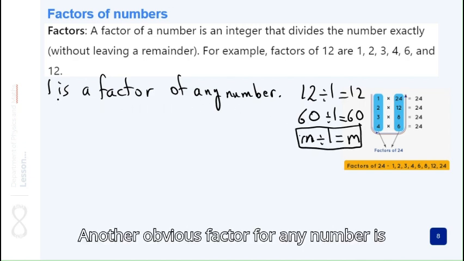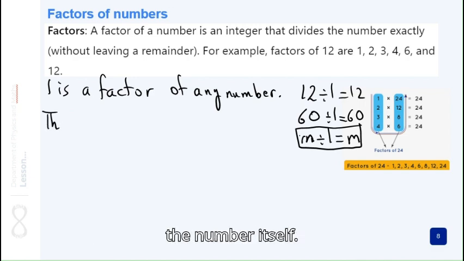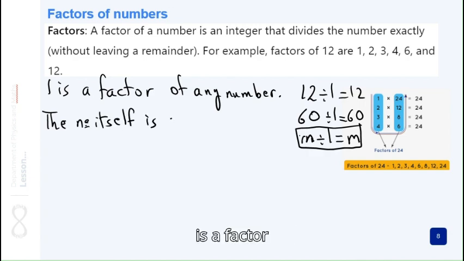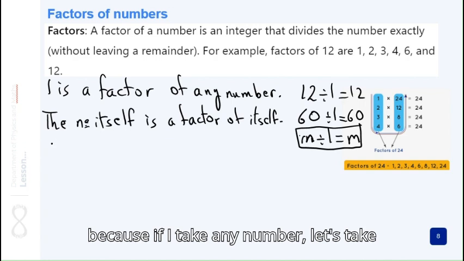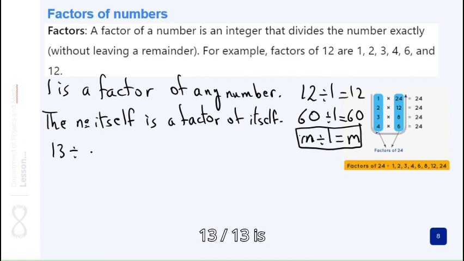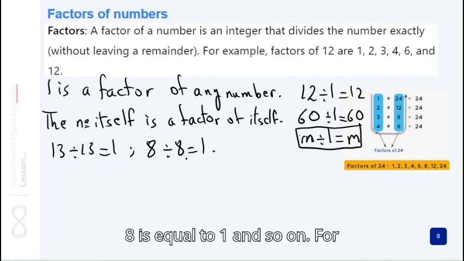Another obvious factor for any number is the number itself. The number itself is a factor of itself. Because if I take any number, let's take 13 divided by 13 is equal to 1. 8 divided by 8 is equal to 1, and so on.